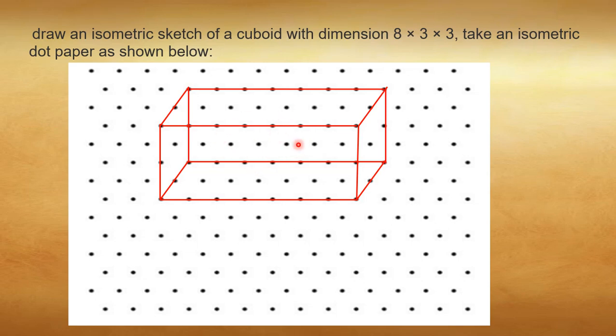In isometric sketch, we are able to see the faces clearly, and the measurements are not varying. So in this way we can draw the isometric as well as oblique sketch.